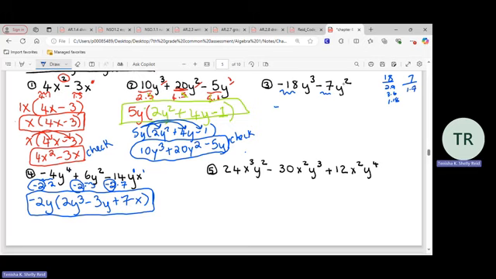I'm going to take out a negative 1. This has y^3, and this has y^2. So they both have 2 y's. I could take out the y^2 and still have enough left over. So I have negative 1 y^2.